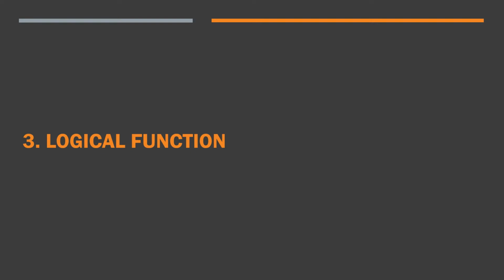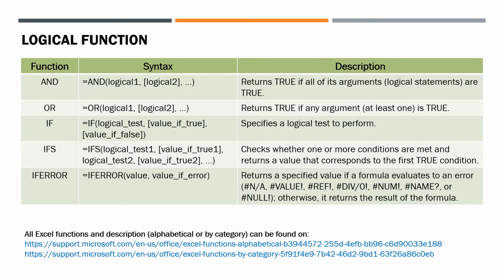Next, we are going to learn about the logical functions. There are several types of logical functions that we are going to frequently use during our financial modeling class. The first ones are AND, OR, IF, IFS, and IFERROR. If you use AND, it returns true if all of its arguments or logical statements are true.